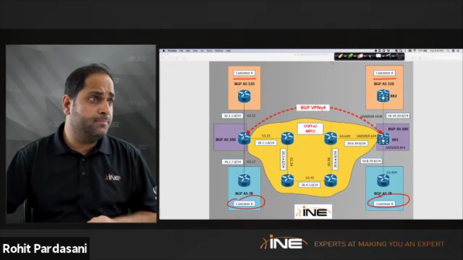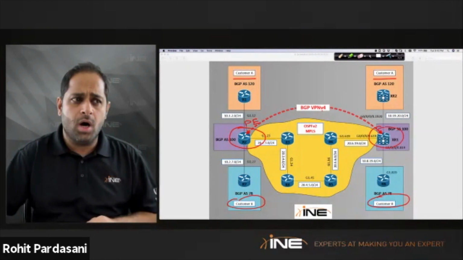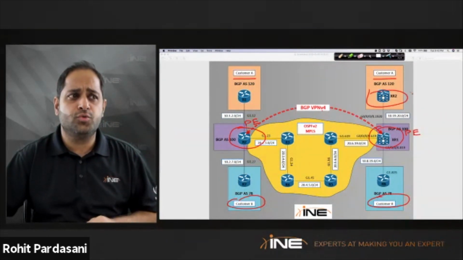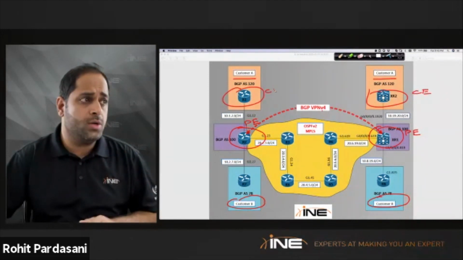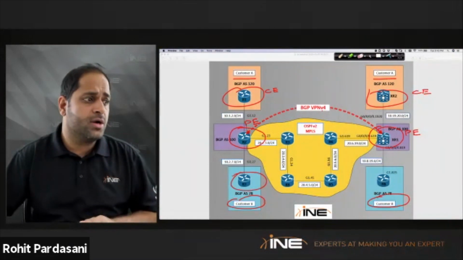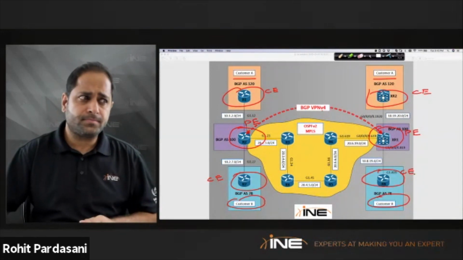So here, router 2 is going to act as a PE. XR1 is also going to act as a PE. XR2 would be customer edge, and router 1 would be the customer edge. Router 7 would be the customer edge, and 8 would be the customer edge.